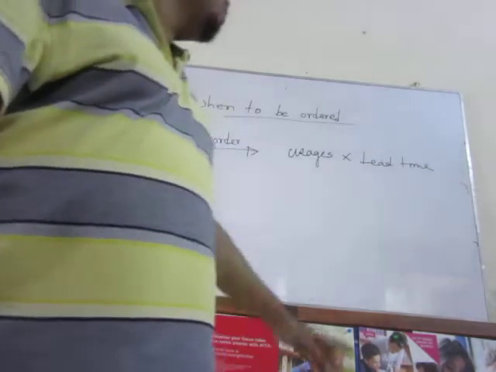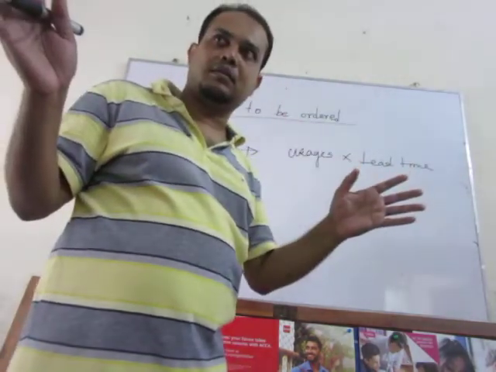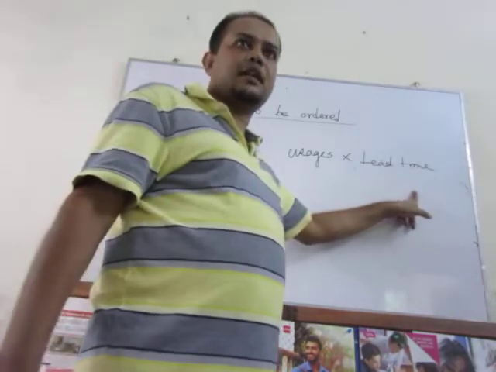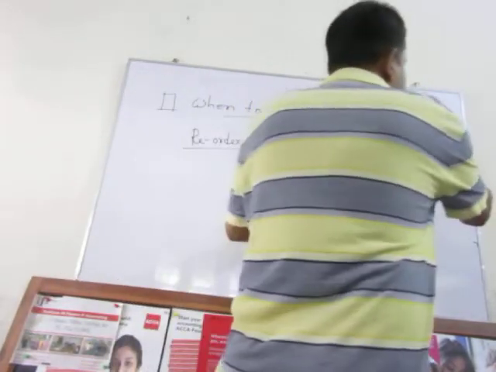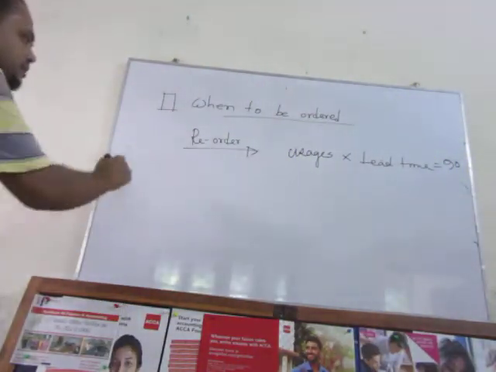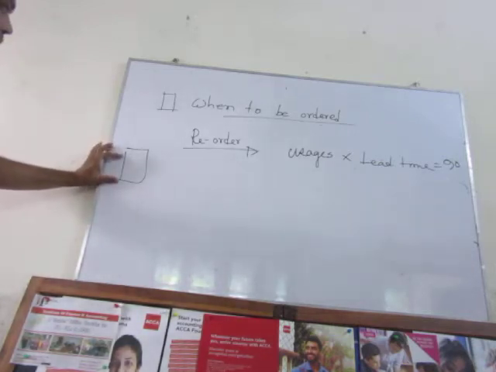So if your uses and lead time are constant, fixed, in that case reorder level means uses into lead time. It will provide you, as for example, 90 kg. That means in the warehouse when there is 90 kg, then you have to place an order for the reshipment.